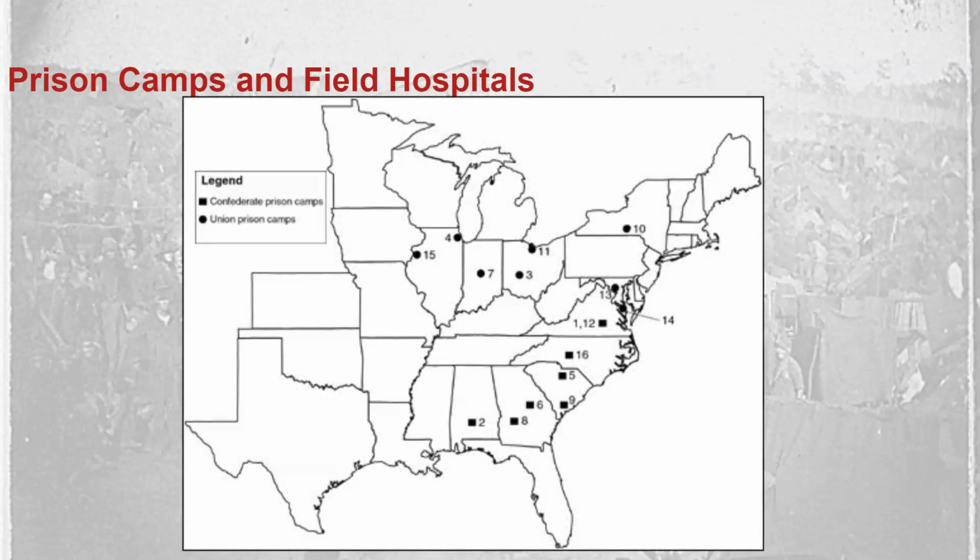As you look at the map, you can see there are certainly some Union camps in Illinois, Indiana, and Ohio, as well as even in Maryland and New York. And then you can see some others for the Confederacy in Virginia, the Carolinas, Georgia, as well as Alabama.